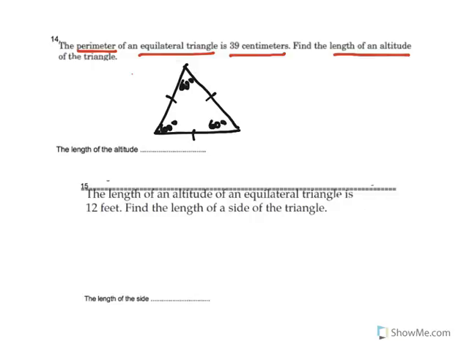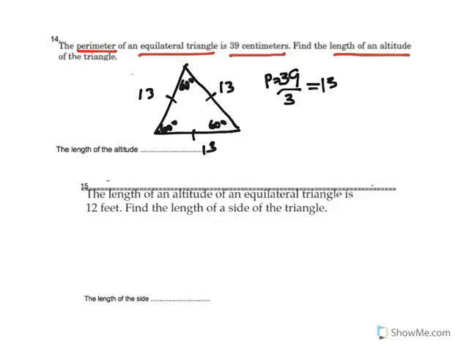Now the problem tells us that the perimeter is 39 centimeters. Remember, we always divide by the number of sides if the sides are equal in order to find the length of each side. So 39 divided by 3 gives us 13. So the length of each side here is going to be 13.